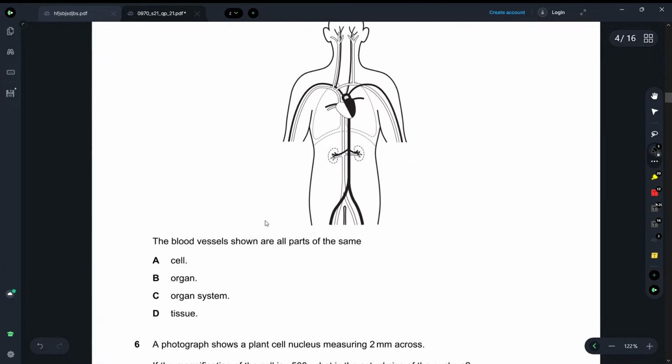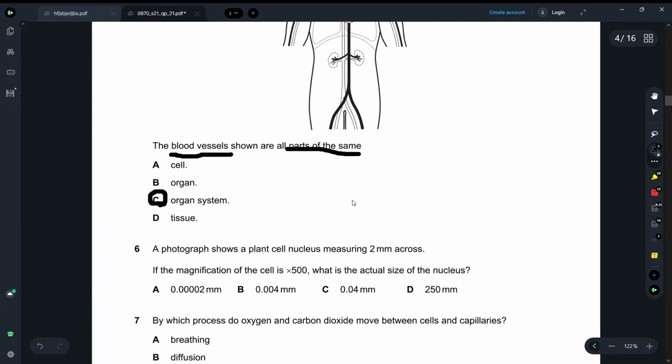Blood vessels are not organs or cells. They work in a larger platform, so we should instantly know it's an organ system, with all of these blood vessels connected.